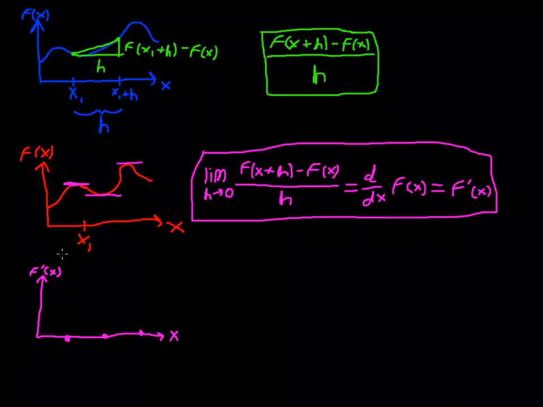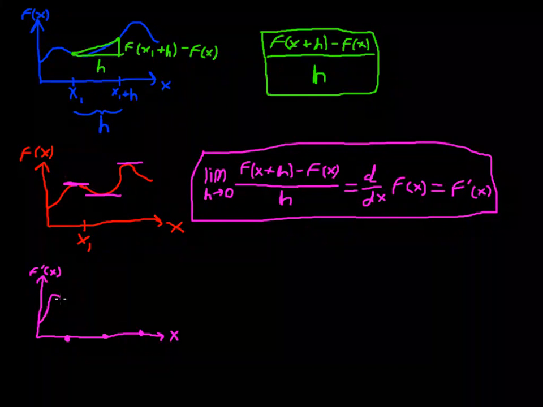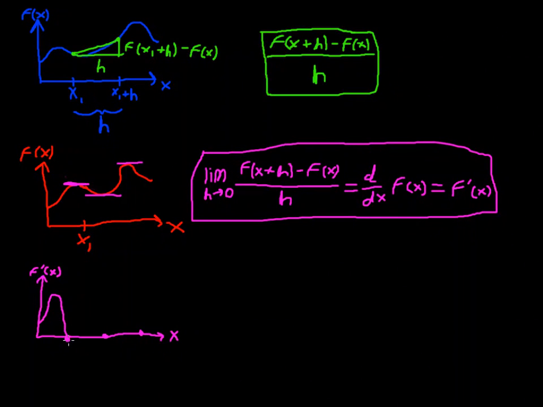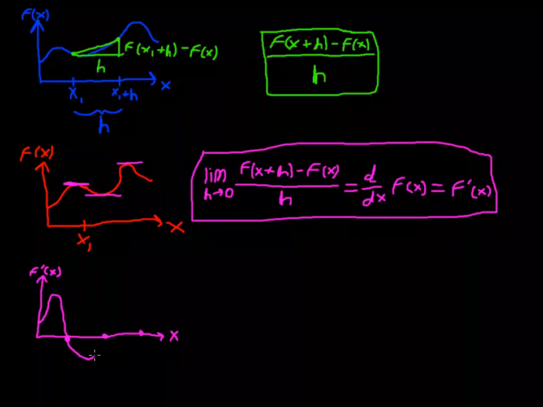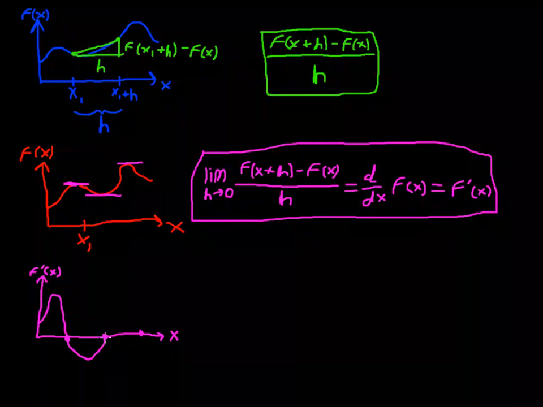Over here it starts. It looks like it's a little bit positive. Then it looks like the slope gets a lot more positive, and then it goes down to be 0. So it's going to look sort of something like this. Go down to get to 0, and then the slope goes negative. Comes back up to be 0, and then it's positive again, same kind of thing.